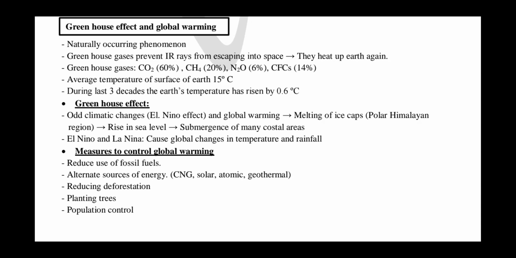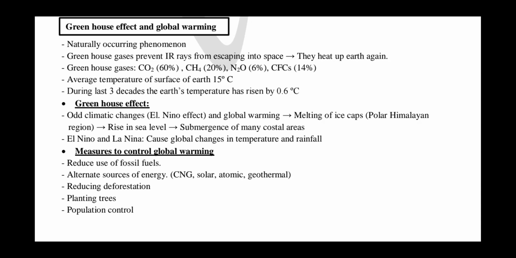If these gases were not there, then Earth's temperature would be minus 18 degrees Celsius. But due to the presence of these greenhouse gases, Earth's surface gets heated up, and nowadays the average temperature is 15 degrees Celsius. But due to the rising of these gases, Earth's temperature has increased by 0.6 degrees Celsius in the last 3 decades.